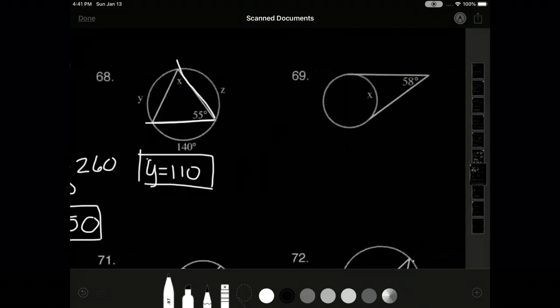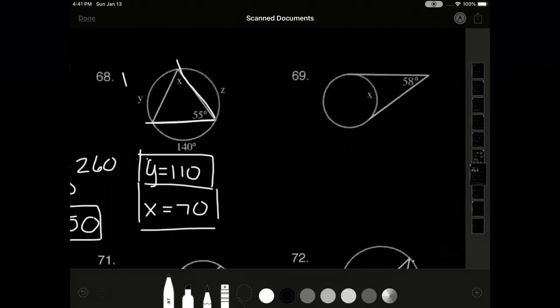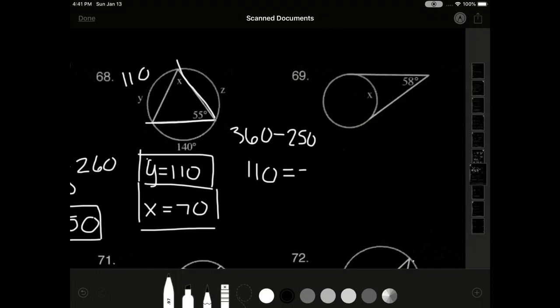For x, it's intercepting the 140 arc, so we can take 140 divided by 2, and we get 70. And if y is 110, and we have 140, that's 250, so we can take 360 minus 250, and we get 110 for z.